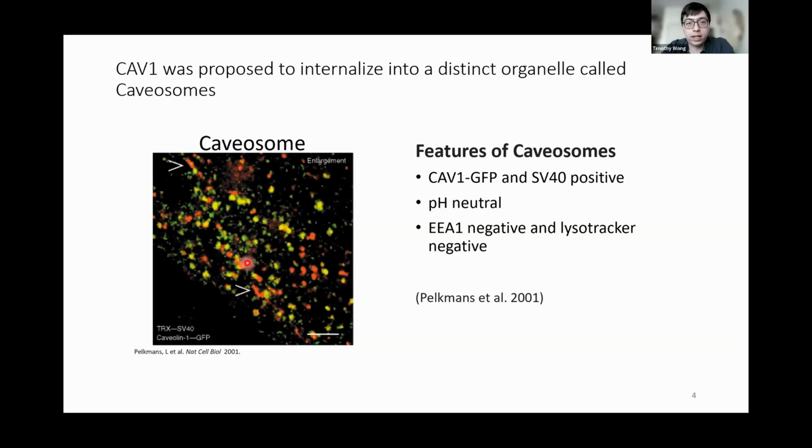This was first identified as being CAV1-GFP positive in cells infected with SV40 virus. It was found that these structures were pH neutral, and at the time they were not labeled for EEA1 or LysoTracker, which are markers for the early endosome or lysosomes.